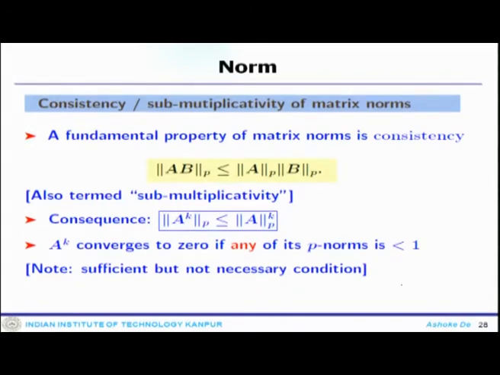Now, the thing which comes to the table is consistency. That is another important piece of information that one has to know, the submultiplicativity of matrix norms. What does it say? The fundamental property of a matrix norm is consistency.